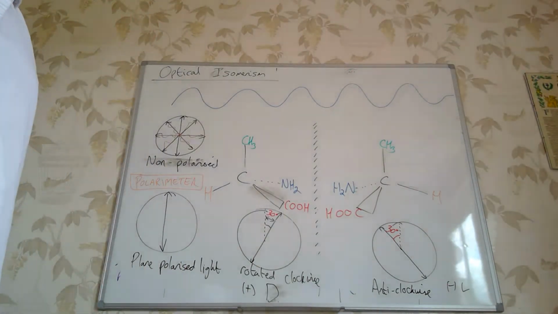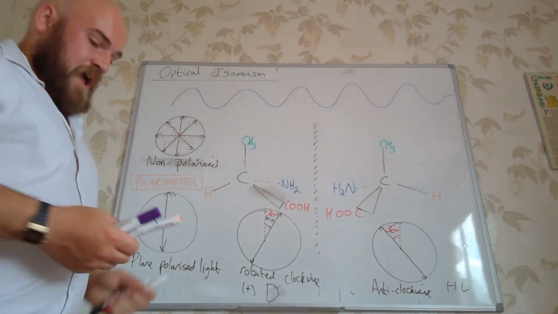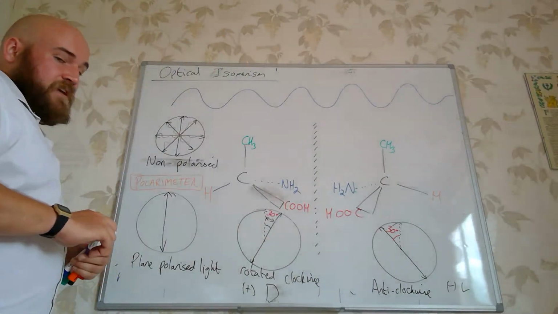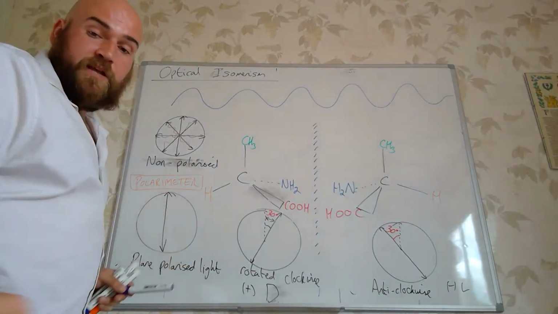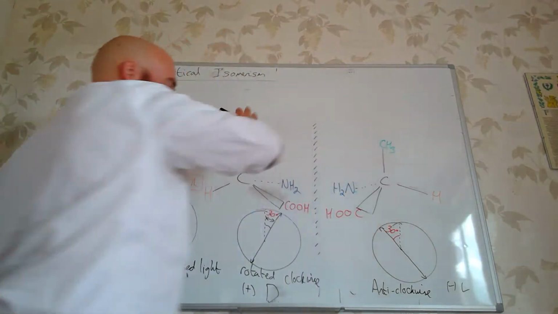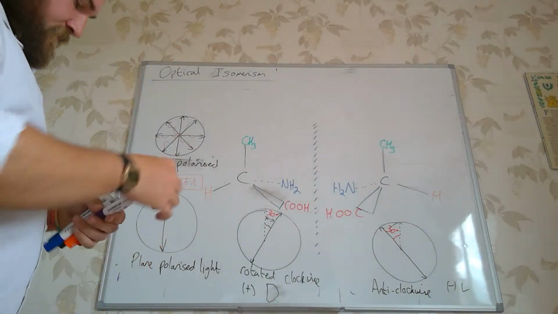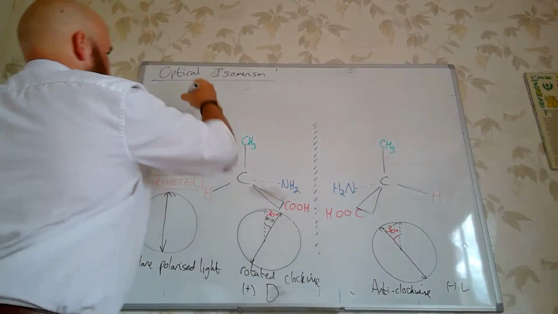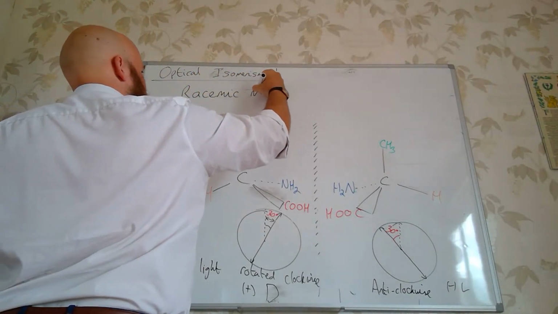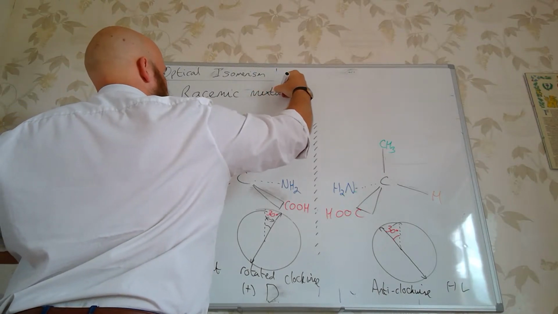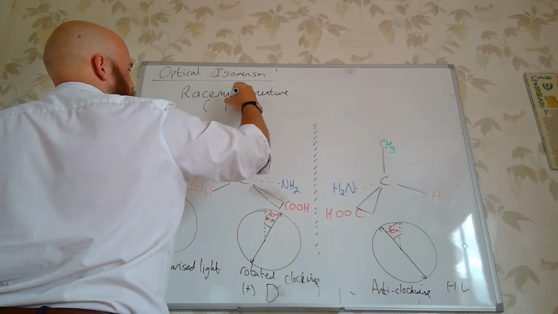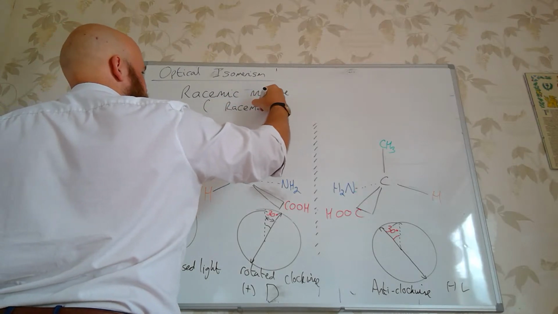Perfect, absolutely perfect. Well done, Zoe. All right, if you have an equal volume of both of these two things, there is no effect. And we call that a very specific mixture. We call it a racemic mixture, which is also called a racemate.